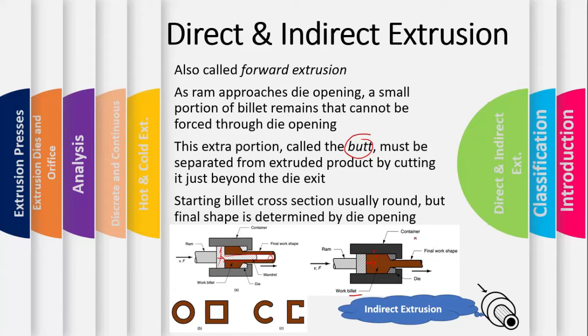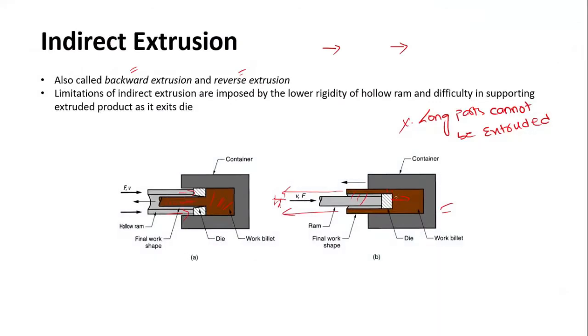While in the case of indirect extrusion, there is no relative motion between the work part and the container. The work part is simply passing through this clearance. Only the ram is piercing the work part and forming a cavity, while the work part is passing through here. There is no relative motion between the container and the work part, so there is no friction effect.